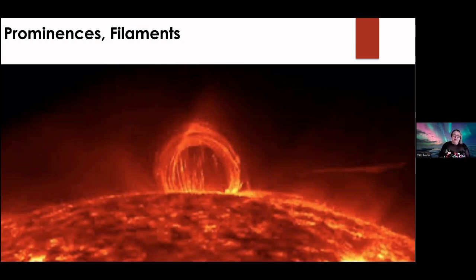And if these prominences are towards us, very often we might see that where it touches the sun's photosphere, there are sunspots too.